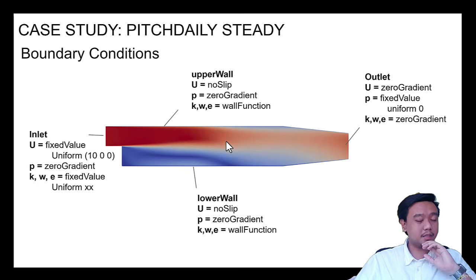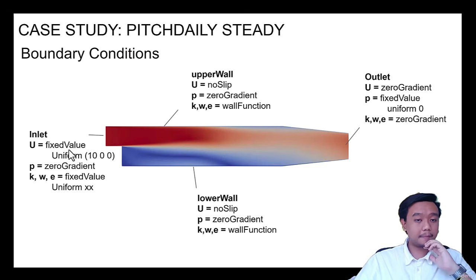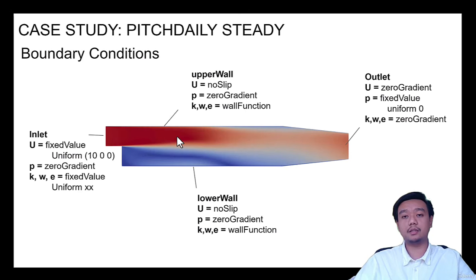In typical internal flow cases, you will find that the inlet is input using the uniform velocity, or in OpenFOAM we also have a fixed value of volume flow rate or mass flow rate. And for the pressure in the inlet, we use the zero gradient.